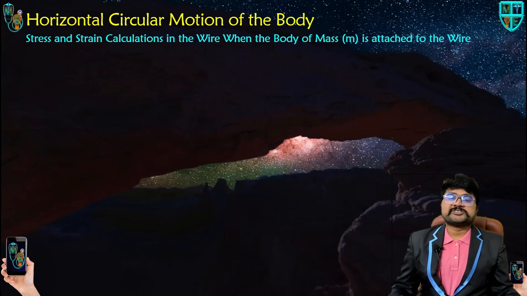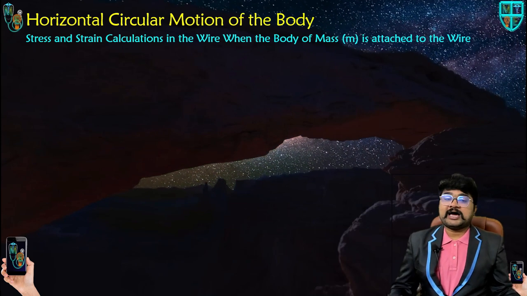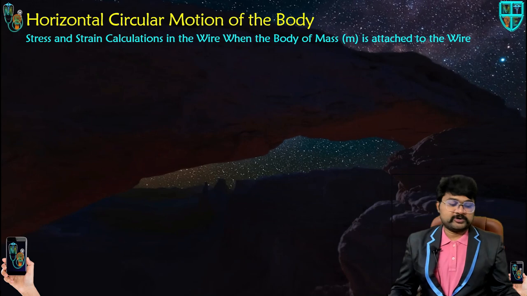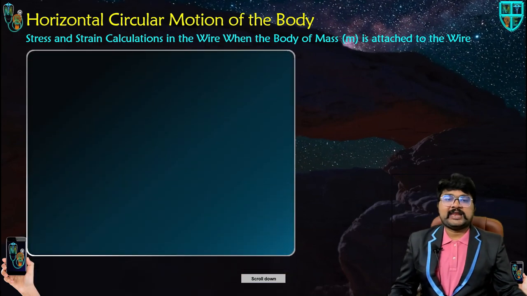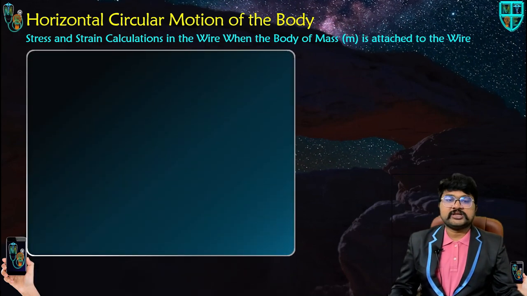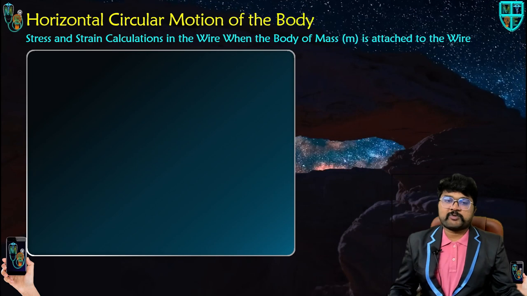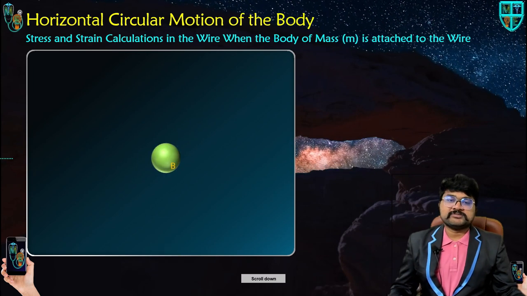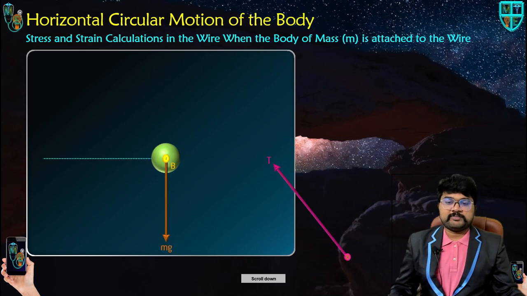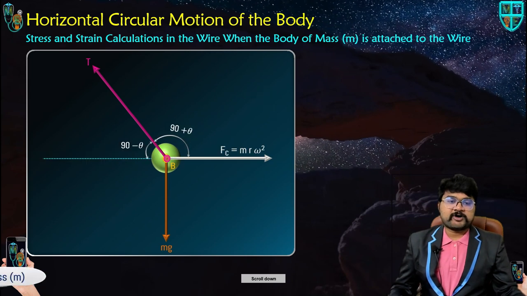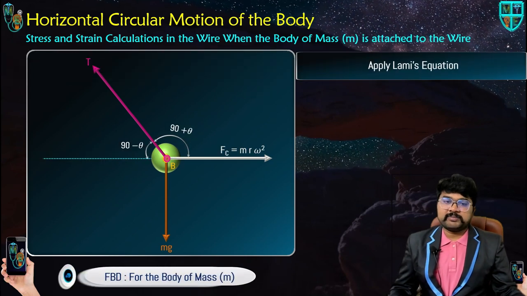We can solve this problem by applying Lami's equation also. Procedure to apply Lami's equation for three concurrent forces at a point B: apply Lami's equation at point B. This is a static problem with static equilibrium equations.